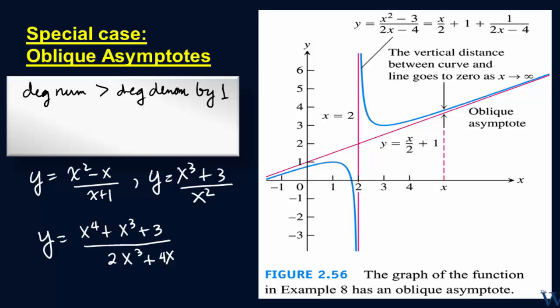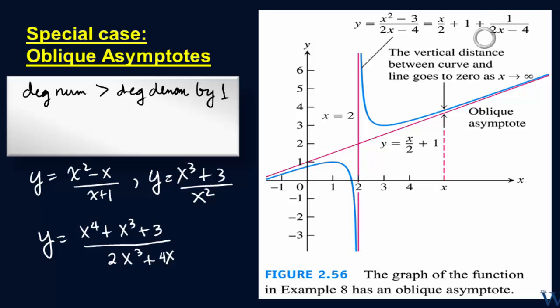And if that's the special case, what we have is, if we perform a direct division on x squared minus 3 divided by 2x minus 4, we get a part of the quotient plus the remainder term.